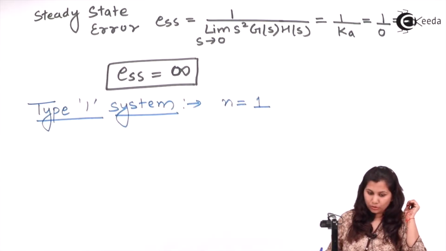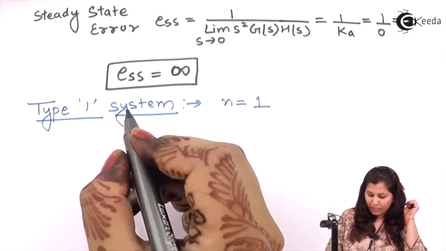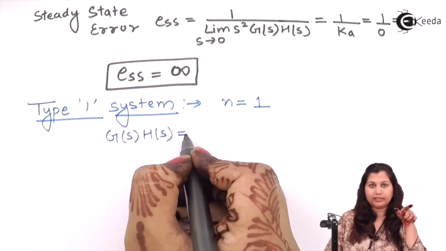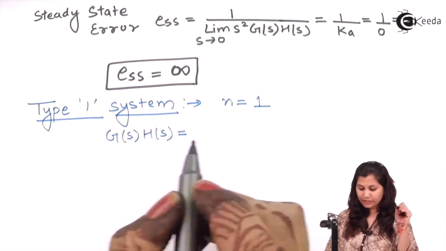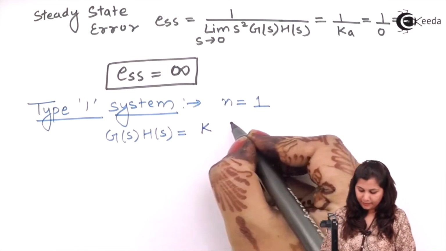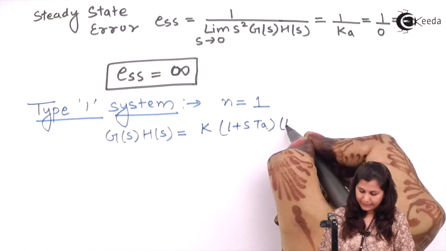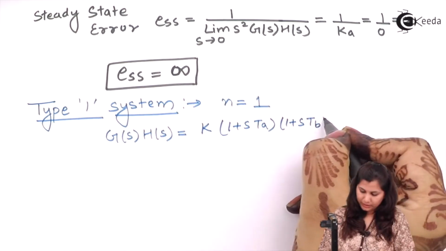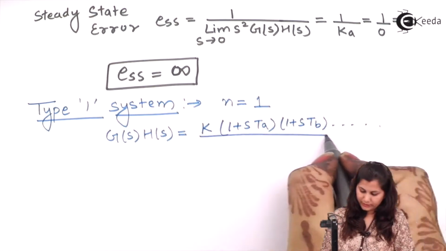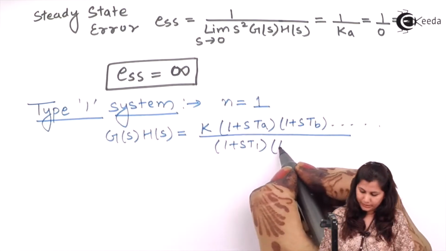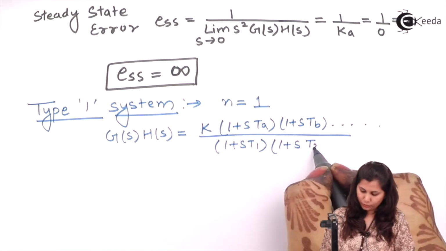So this open loop transfer function GsHs, which we have studied in the first, what is GsHs? It is K (1 plus sTa)(1 plus sTb) and onwards, over (1 plus sT1)(1 plus sT2).